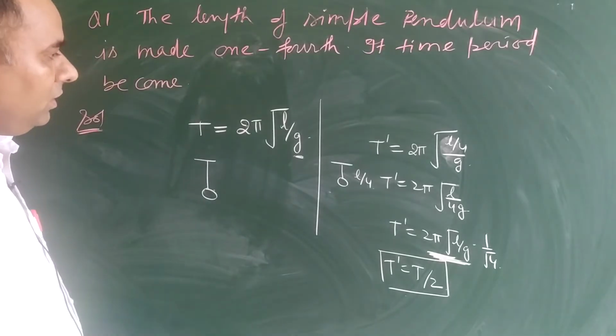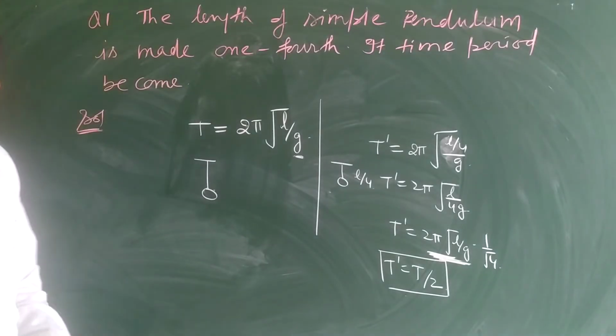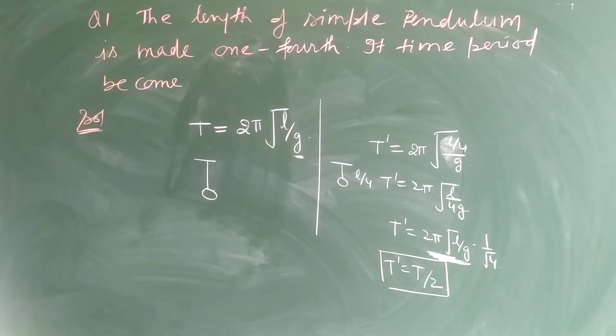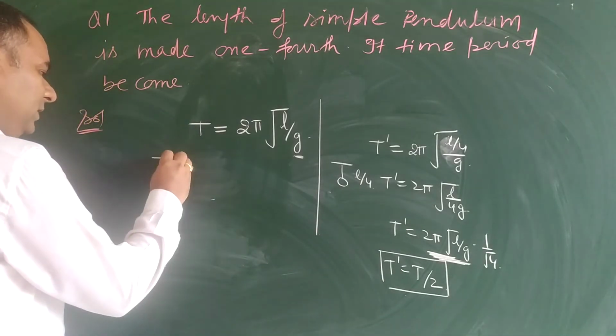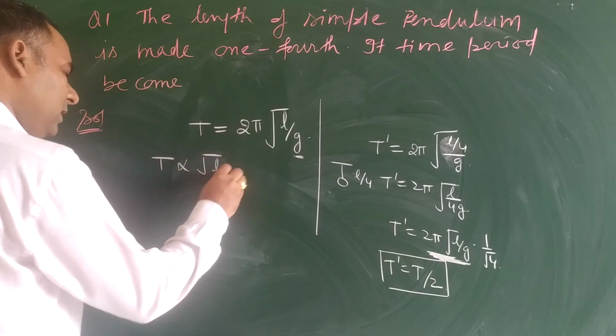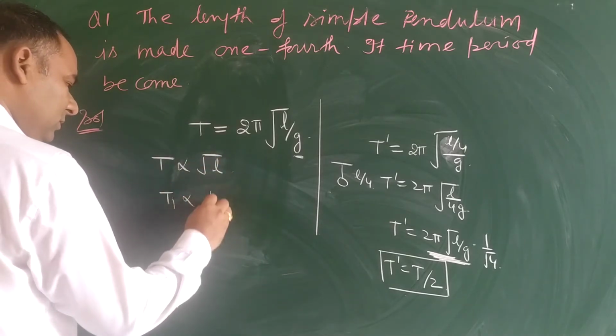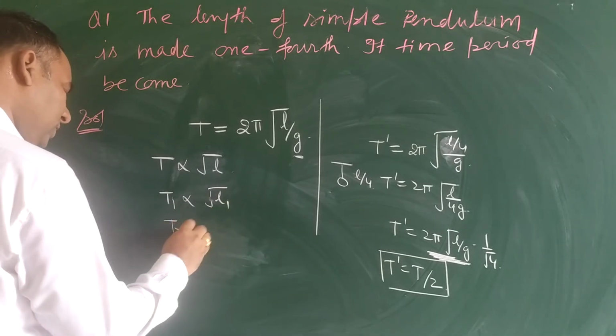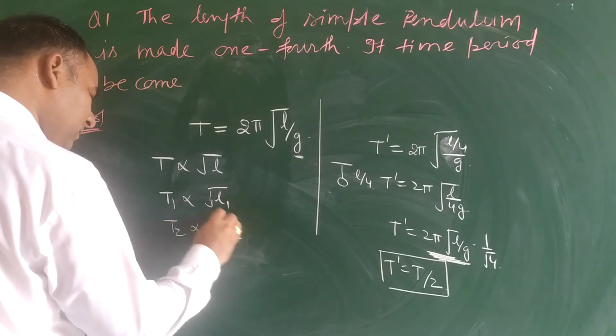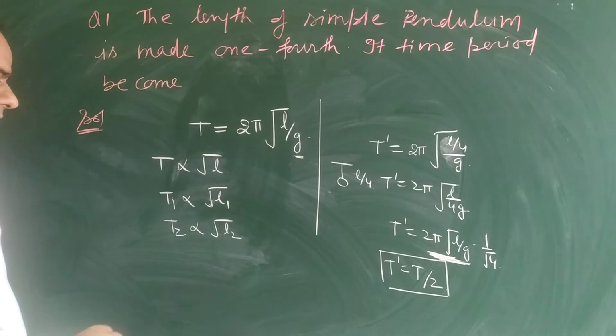Clear? In the second method you can also solve this using the formula that T is directly proportional to under root L. For T1 this is your L1, for T2 this is your L2.